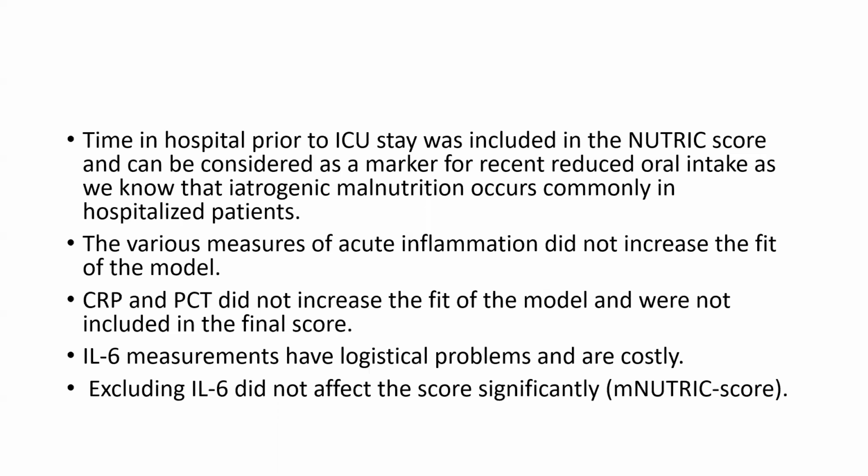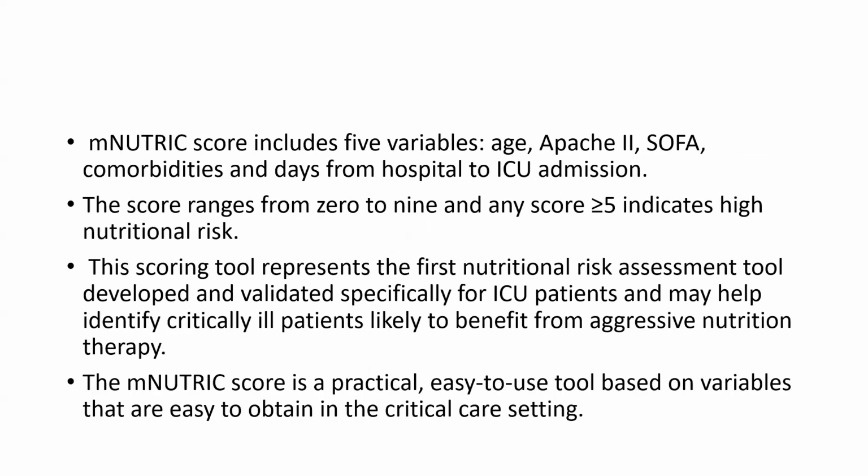As we know, iatrogenic malnutrition occurs commonly in the hospitalized patient. The various measures of acute inflammation did not increase the fit of the model. CRP and PCT did not increase the fit of the model and were not included in the final score. Interleukin 6 measurement has logistical problems and is costly. Excluding interleukin 6 did not affect the score significantly. The mNUTRIC score includes 5 variables, that is age, APACHE II, SOFA, comorbidities, and days from hospital to ICU stay.